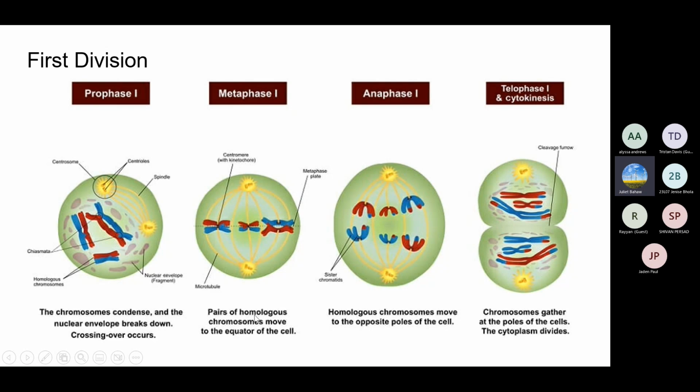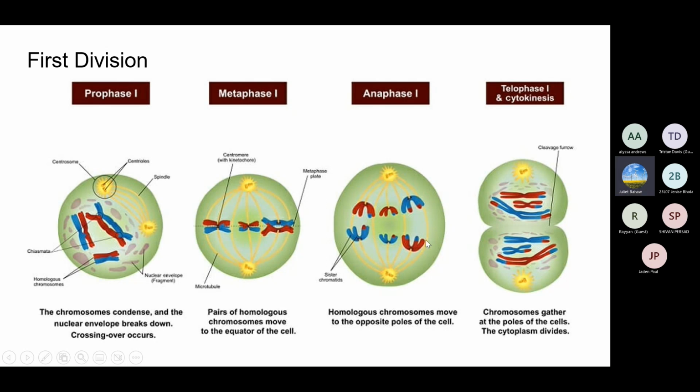So the spindle fiber is attached to the centromere that's holding it in place. All right, so pairs of homologous chromosomes move to the equator of the cell, which is the center of the cell. And in anaphase, they are pulled apart. So now that we have our chromosomes that have exchanged genes, you're seeing bits of red, bits of blue, that had occurred in prophase 1 when they crossed over.